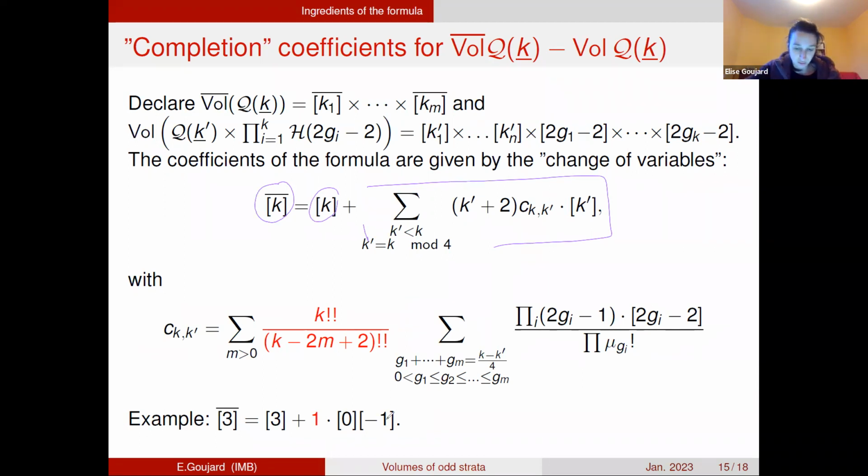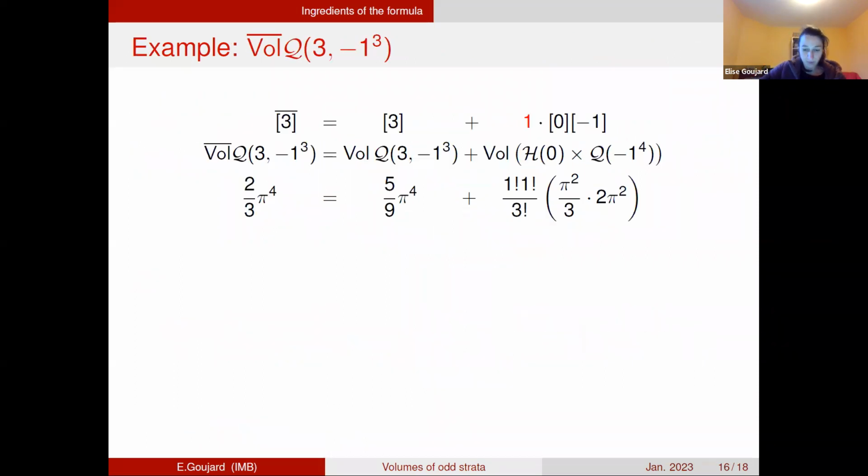So let me show you how it worked in the example that we did. What it means is that for the stratum 3 minus 1 to the 3, okay, so I should write something else. I should write that the completion of minus 1 is just minus 1.